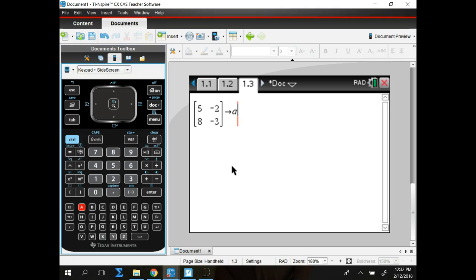When you hit enter, now everything's stored as matrix A. Okay? So option number 1 is you can go A to the -1 power. Bam. There it is.